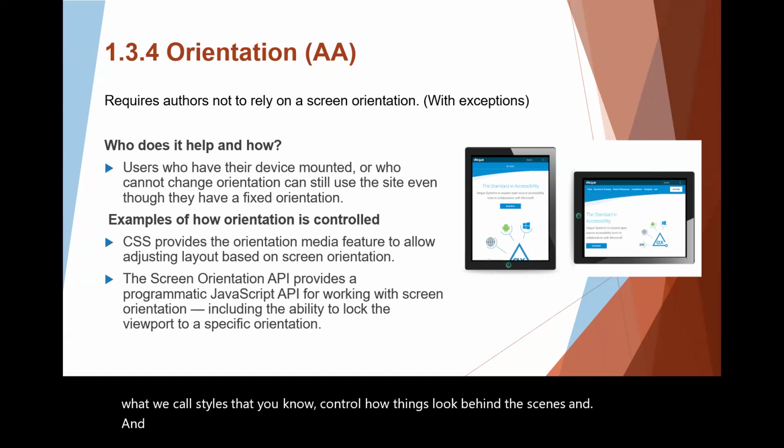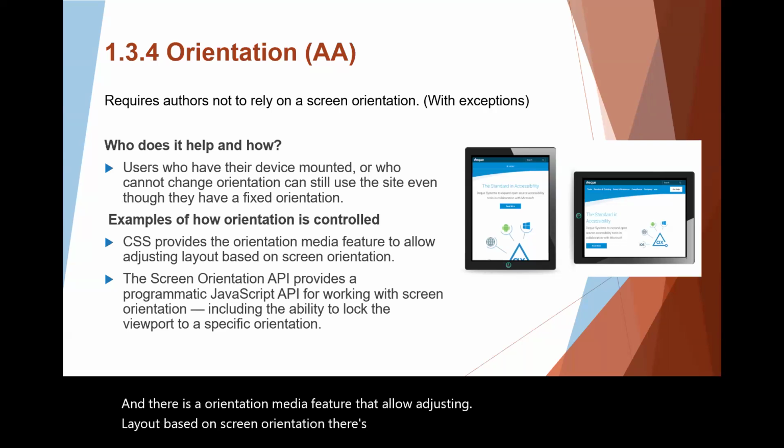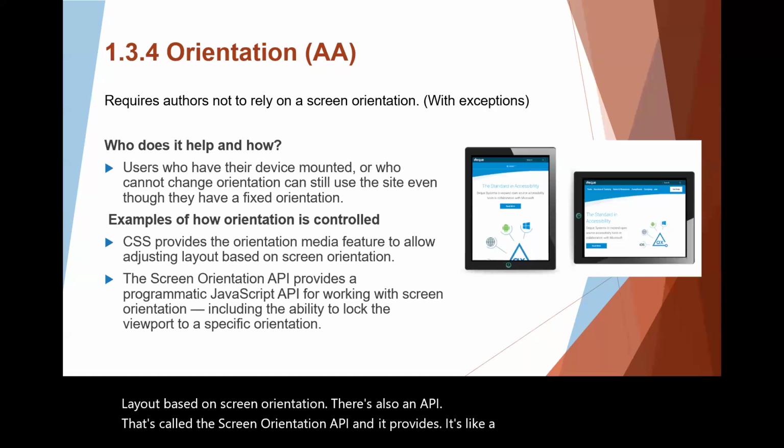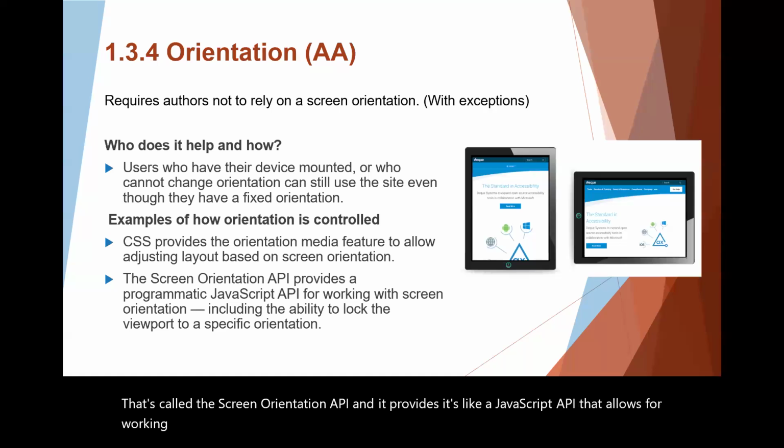And there is an orientation media feature that allows adjusting layout based on screen orientation. There's also an API called the Screen Orientation API, a JavaScript API that allows for working with screen orientation, including the ability to lock it to a specific orientation.